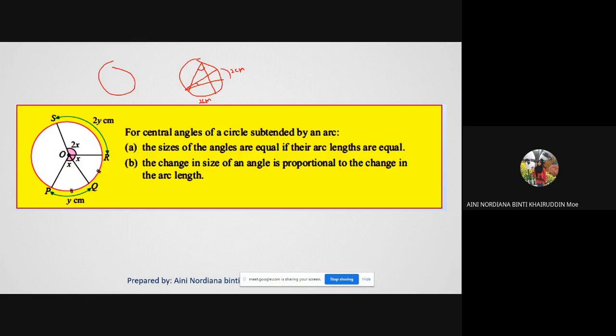So same as this, if the length of the arc is equal, then the angle at center also equal. So let's say PQ is Y cm and QR also Y cm because of this. So the angle at center X. If the length of the arc is double, then the angle at center also double.